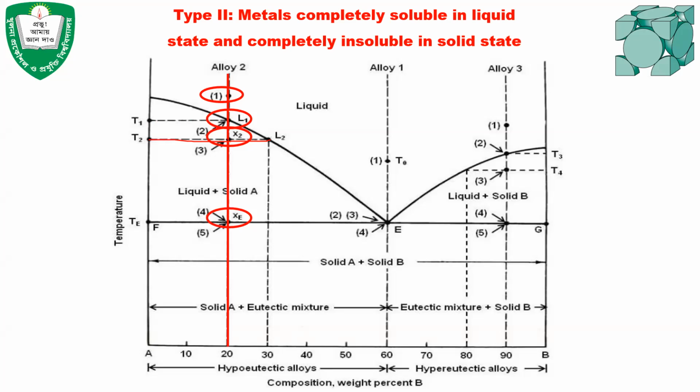When the temperature decreases to T2, the amount of solid increases. So it is common sense, right? If you just apply your common sense, then you can see that as the temperature decreases, the amount of solid will increase.